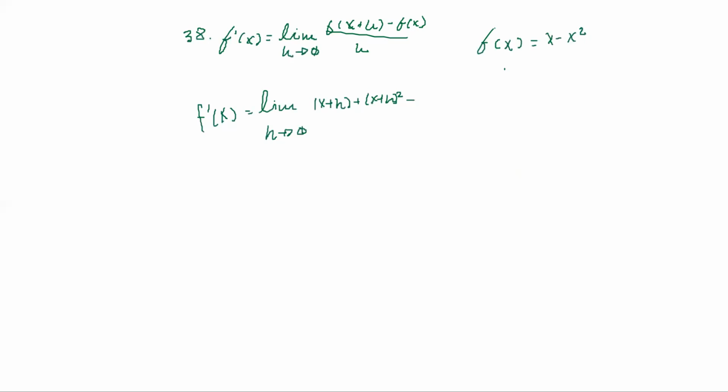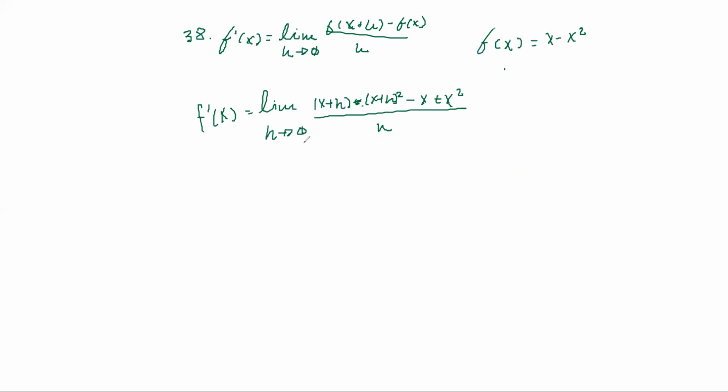I missed a minus sign. So minus x plus x squared, because I'm going to distribute that minus sign. Actually, I'll just leave it like that. And so all of this is going to be over h.